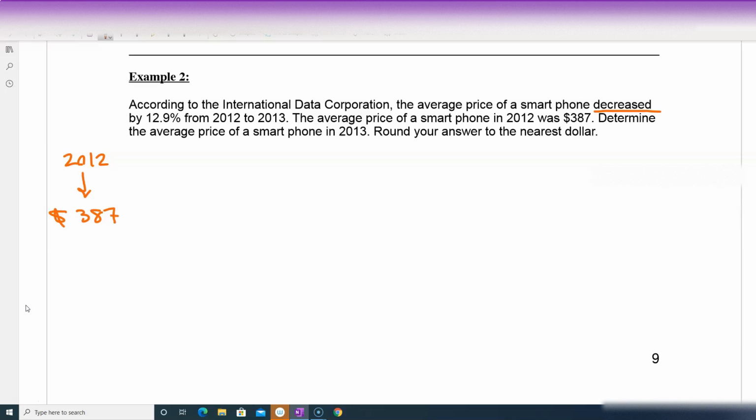Determine the average price of a smartphone in 2013. Round your answer to the nearest dollar. So we want to find what we have in 2013. The only thing we have is that the price of the smartphone decreased by 12.9% from 2012 to 2013.